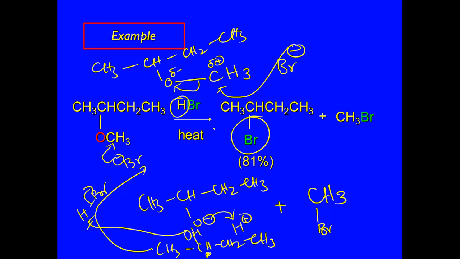Whenever you have an aliphatic alcohol, a simple alcohol, not enols or phenols, alcohols cannot stay as alcohols when you have a strong hydrohalide. They get converted to alkyl halides. That's what we learned in the alcohol chapter, right? Any questions about it? So you have to learn how to tackle these problems by looking at not only one product, but the other side also.